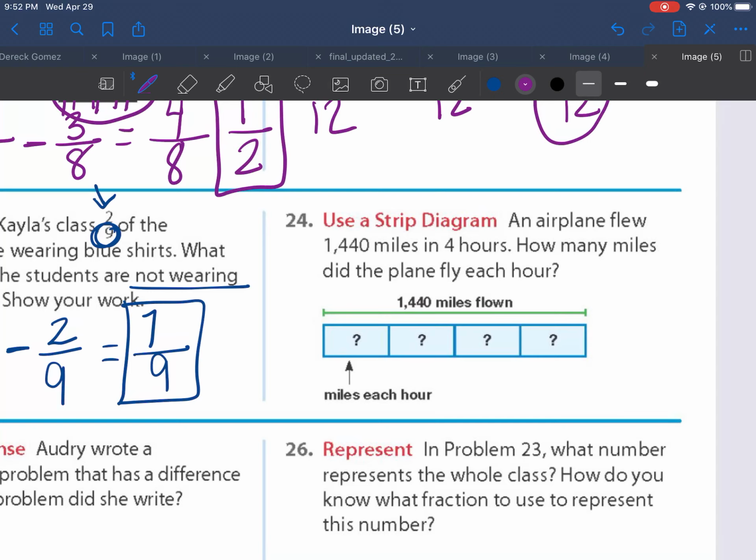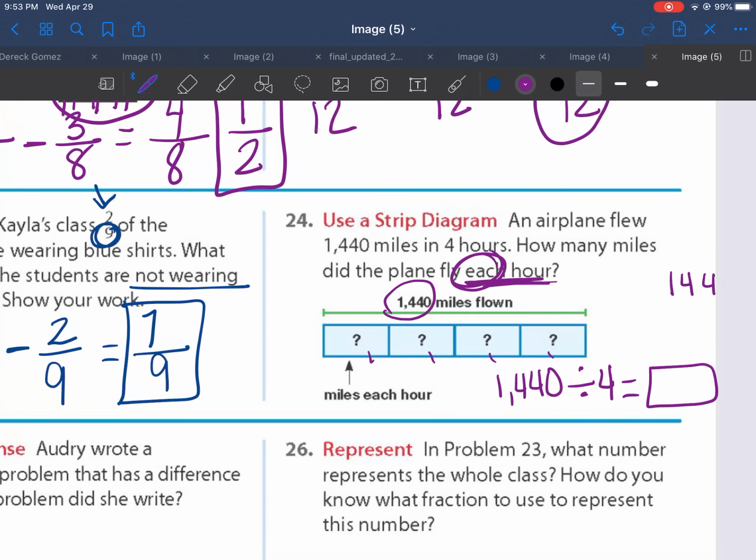Number 24. An airplane flew 1,440 miles in 4 hours. How many miles did the plane fly each hour? Right away, each means to divide. So I'm going to take my whole and I'm going to divide it by 4 hours. So I'm going to go ahead and do the long division. 4 times what equals 1?